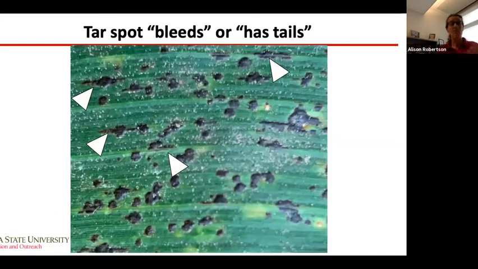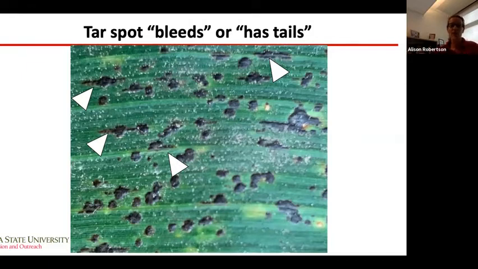The other thing about tar spot, which was pointed out on Twitter a couple of days ago as well, is that I say tar spot bleeds. Nicole Steiklein, an independent crop consultant in Eastern Iowa, talks about how the spots have tails.